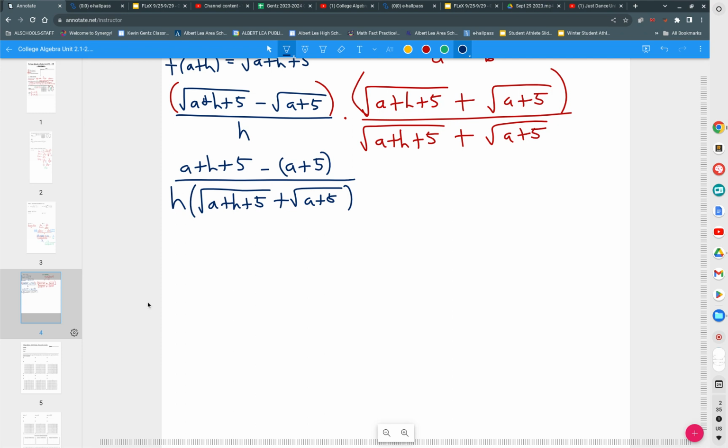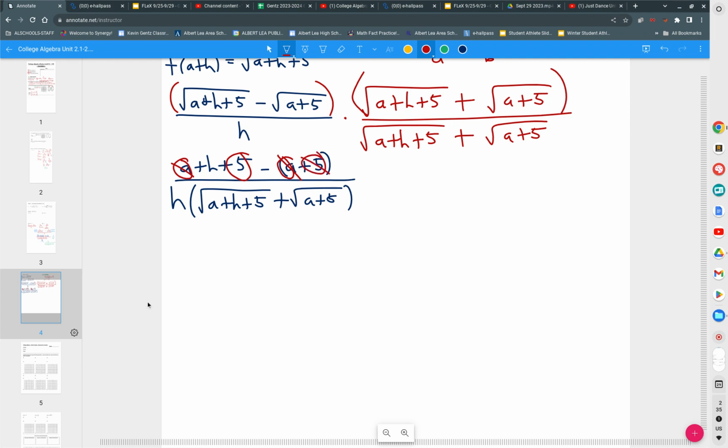Sweet. Now remember, our whole deal with this was we said everything that doesn't have an h should cancel. Does that happen? What goes away? We have the a, and we have a negative a, don't we? We have a positive 5, and then when we distribute the subtraction sign, that's a negative 5, isn't it?